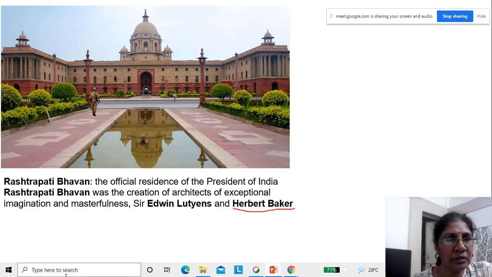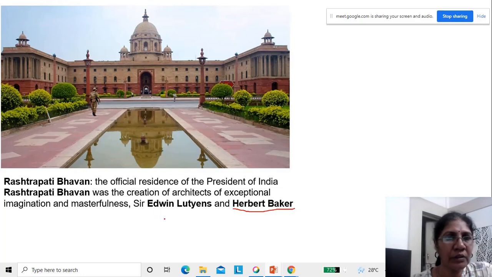Rashtrapati Bhavan is the residence of the Honorable President of India. We all are aware, and this is not only Rashtrapati Bhavan but the entire Capitol complex, which includes the Secretariat buildings, Parliament House, and several other buildings, which are civic buildings used by the Government of India.